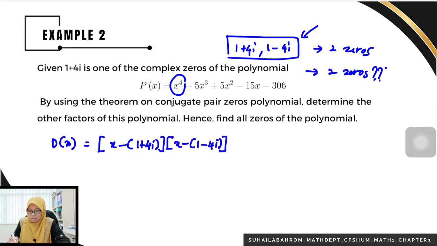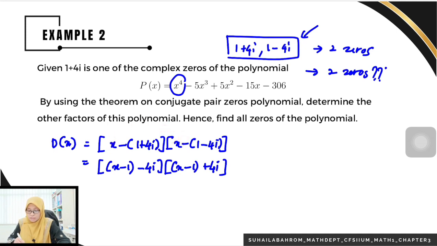When you expand, we will put together the x minus 1, so it is easier to expand later: (x minus 1 minus 4i) and (x minus 1 plus 4i). You can also expand directly from this expression, but it is easier if you put together the x minus 1 so that you can see clearly.